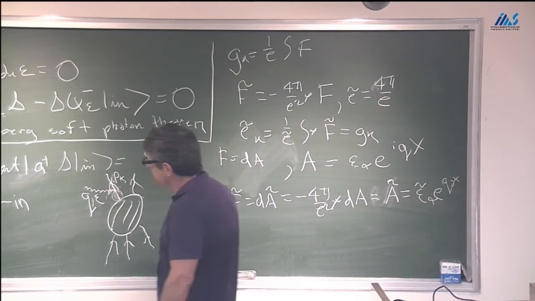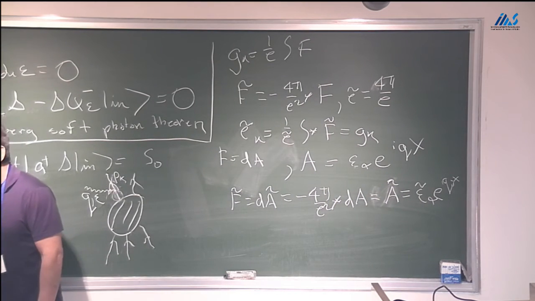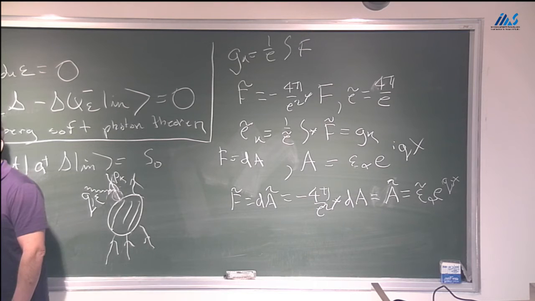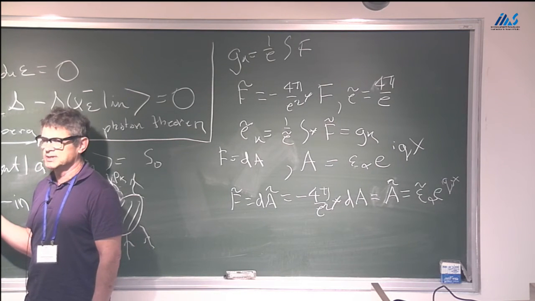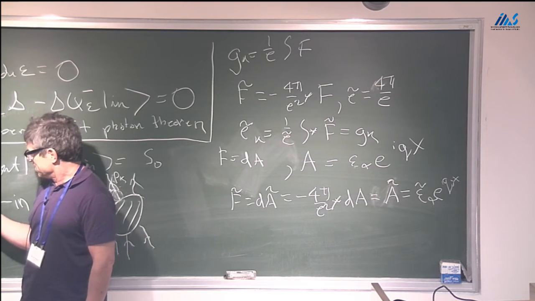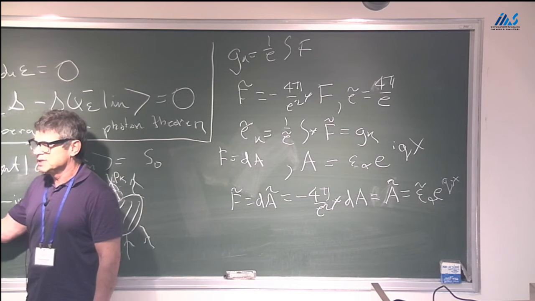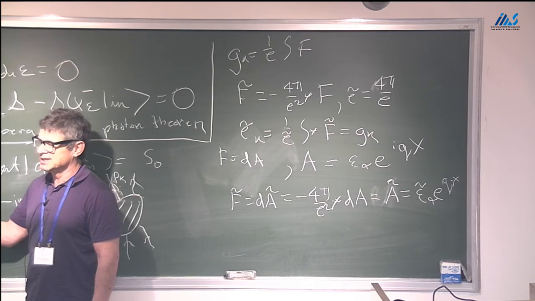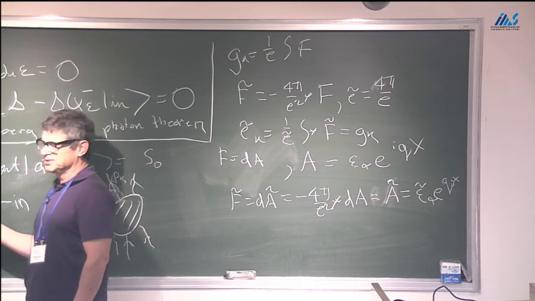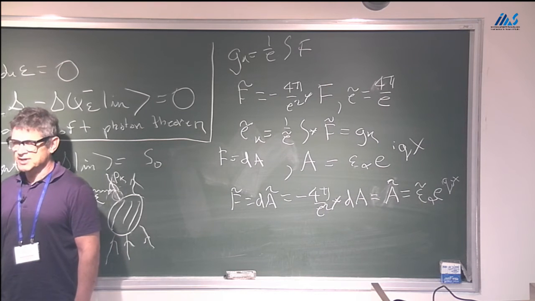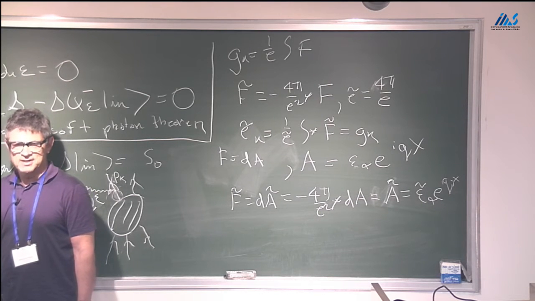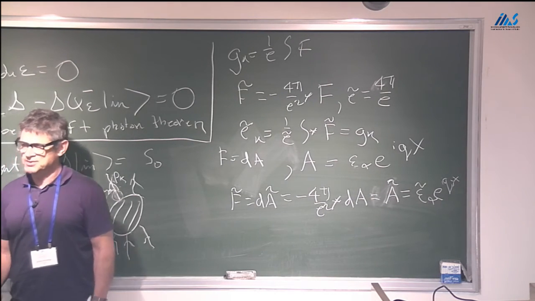But one of the beautiful things about the soft theorem, and in fact this is a way that you can determine the soft theorem, is that it doesn't matter which epsilon you use, because if you shift epsilon by q, these guys cancel, and you get the sum of the outgoing electric charges equal to the sum of the incoming electric charges. So the soft factor is invariant, as it had better be, under such shifts of q.